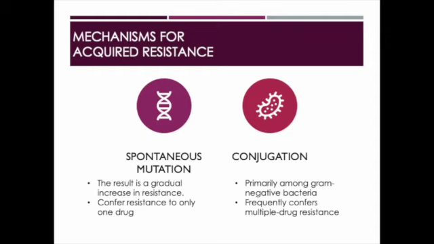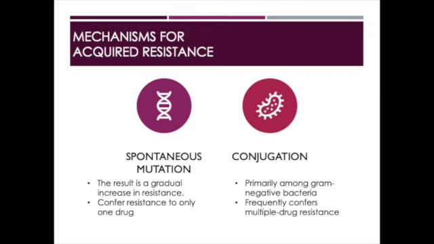These genetic changes can occur either from spontaneous mutation or from acquisition of DNA from some type of external source. So the other thing you have to think about is DNA acquisition, gaining DNA through conjugation with another bacteria. Let's first talk about spontaneous mutation.